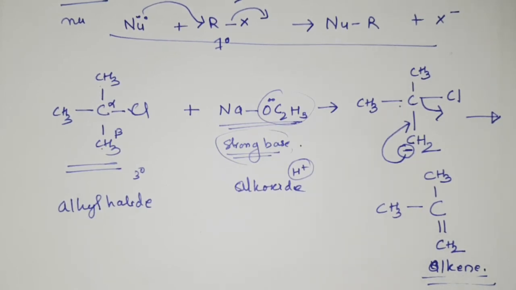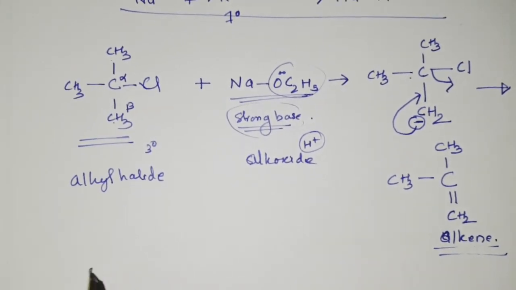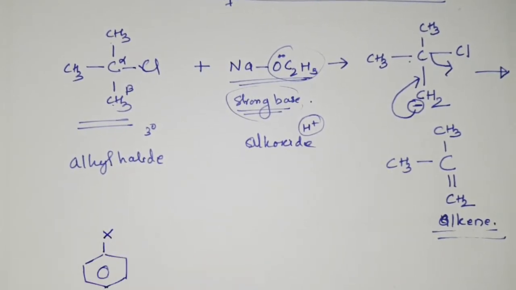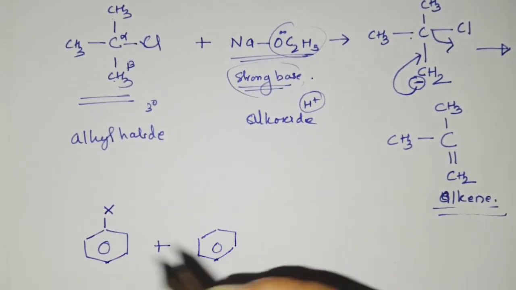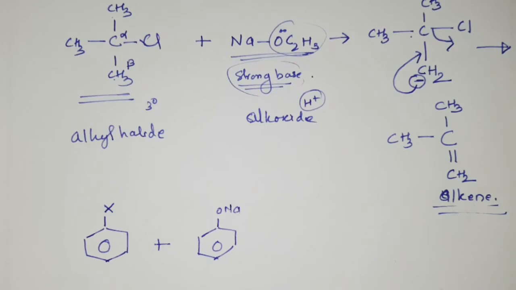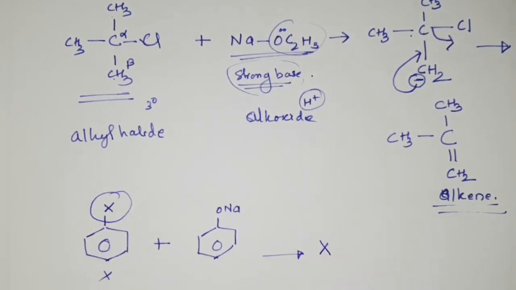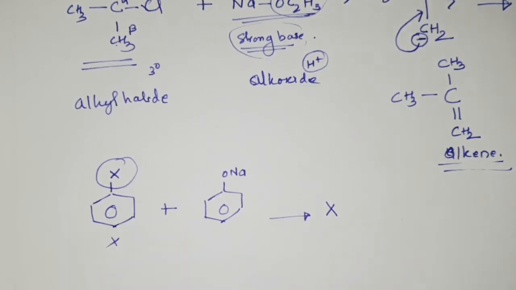So this is one of the limitations of Williamson synthesis, and the next one is aryl halide. In order to prepare ether, like diphenyl ether, we cannot take aryl halide. Why will the reaction not occur? This will come as a reasoning question. Now the bond between the two is a partially double bond.